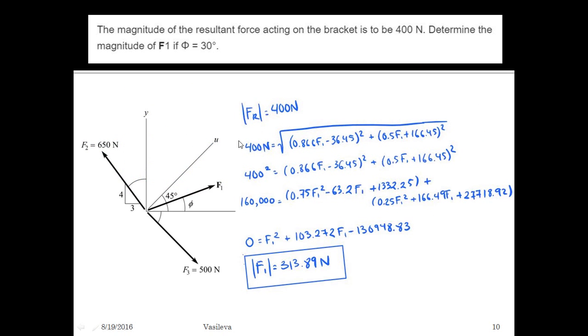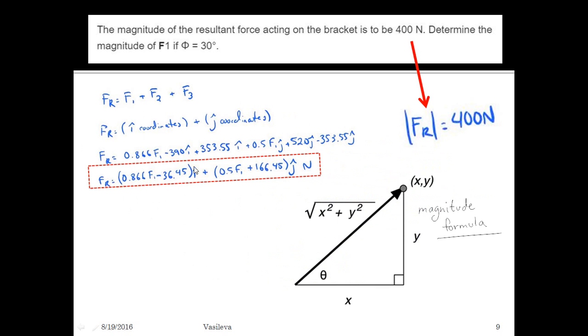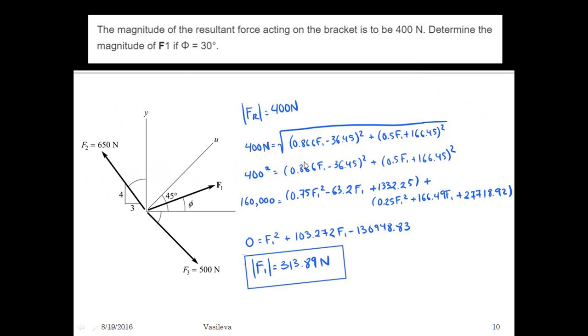So I set 400 newtons equal to the magnitude. Magnitude is the square root of x squared plus y squared. I found the x and the y, so I just plug them into the formula.